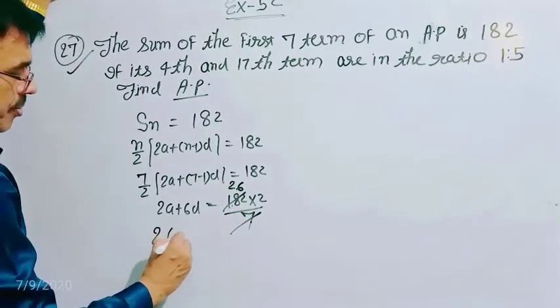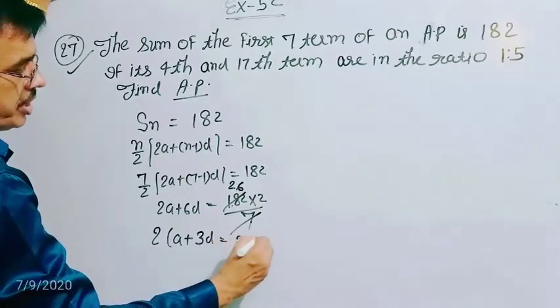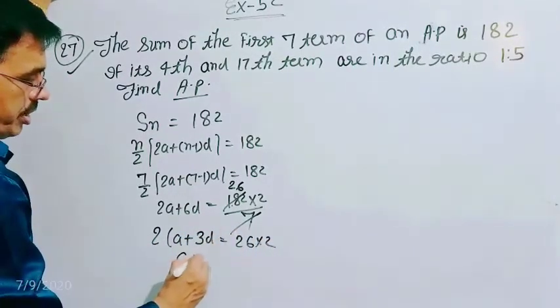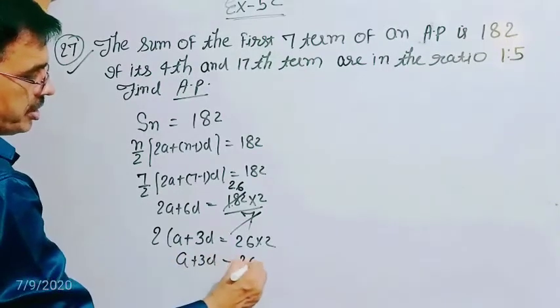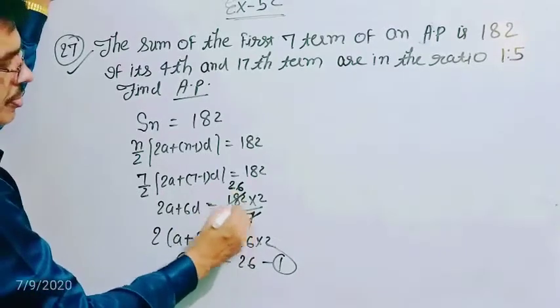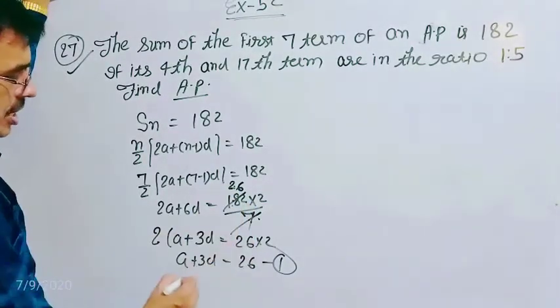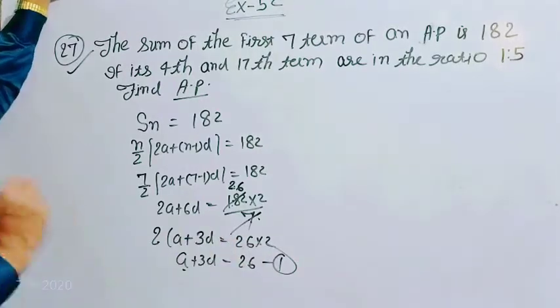Then take 2 as common, then a plus 3d is equal to 26 into 2, same, a plus 3d is equal to 26. First equation. Here 2 cancels, then a plus 3d is equal to 26.